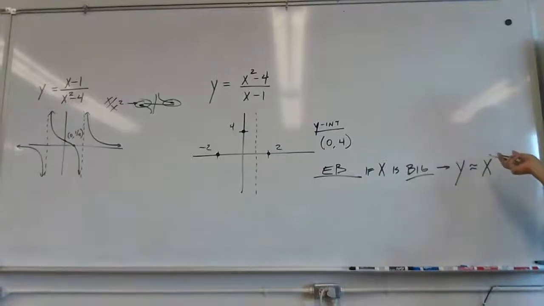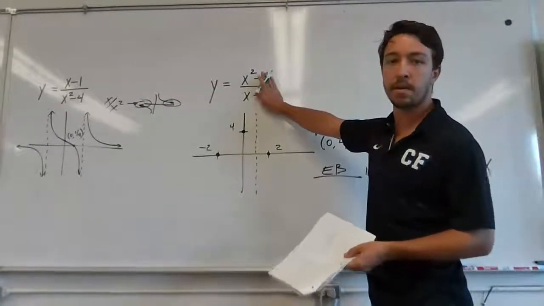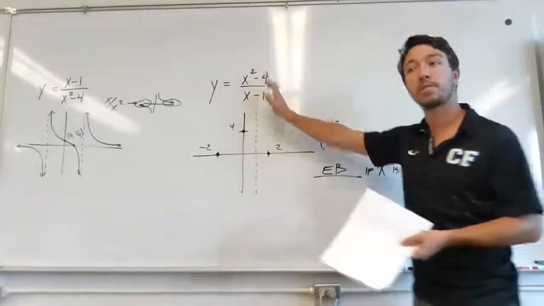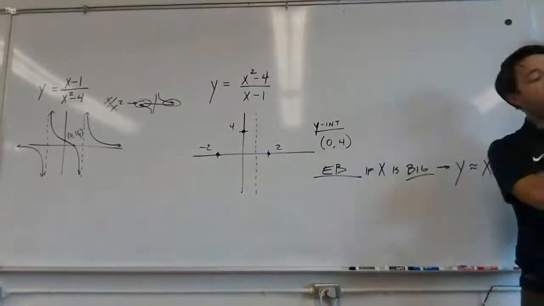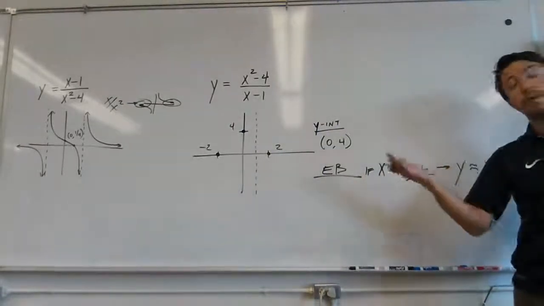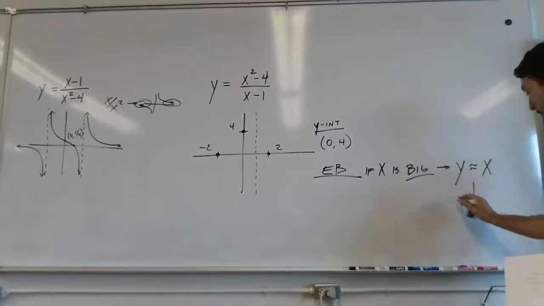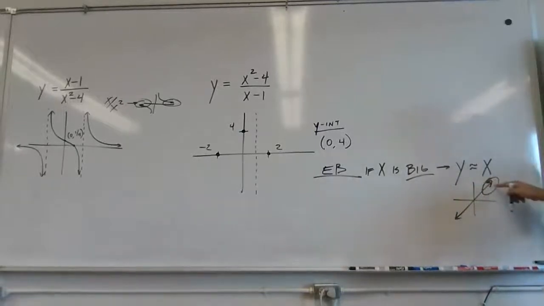Because if x was big, you cover up the non-dominant terms and you have x squared divided by x, right? Which is x. So what you can say is that for large enough x values, really big positive values or really big negative values, either one, your function is going to look very close to y equals x. We know what y equals x looks like. So we know that long term it looks like this, and long term on the left it looks like this.